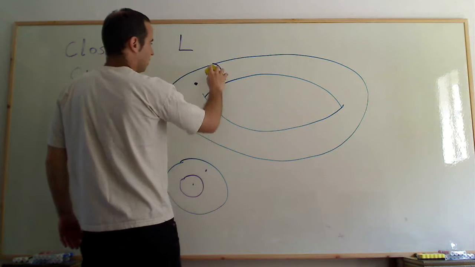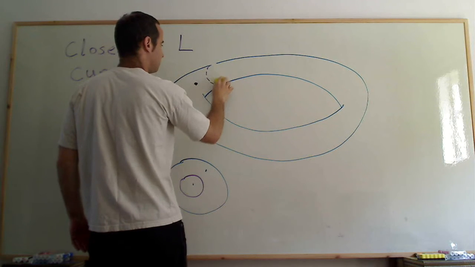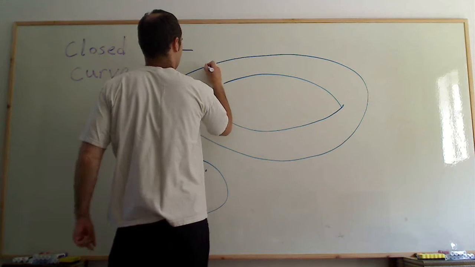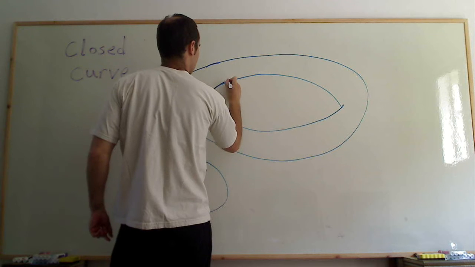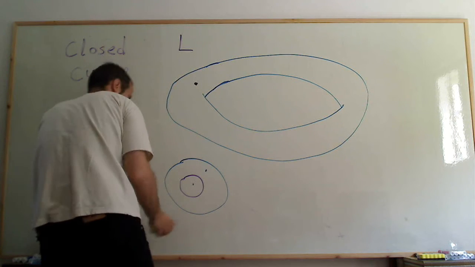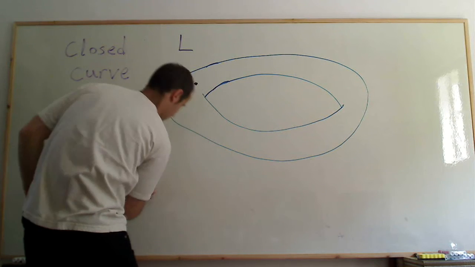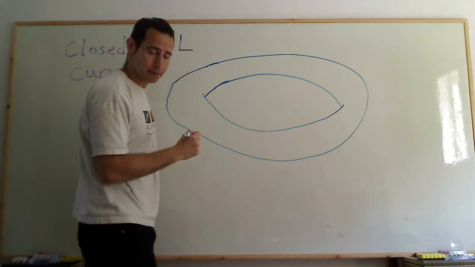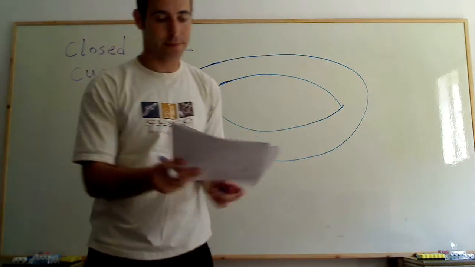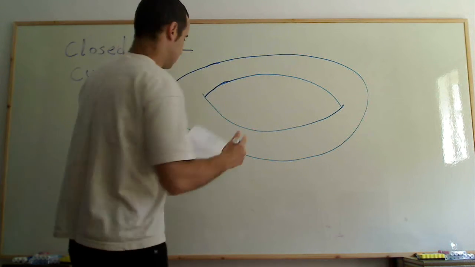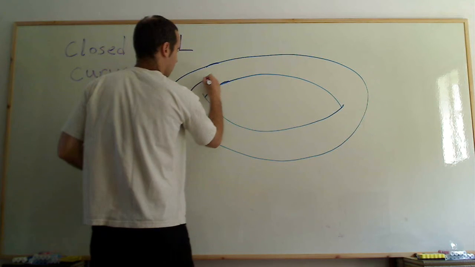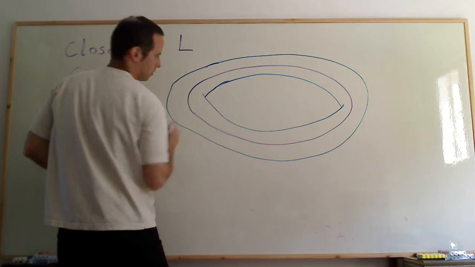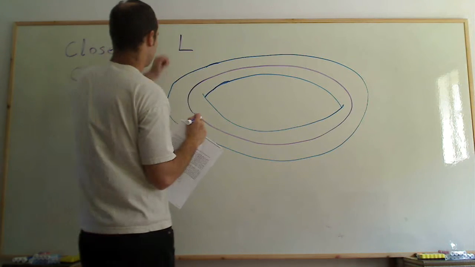if we make another closed curve, like this one, going around the hole, okay, like this, and we call it P, okay.